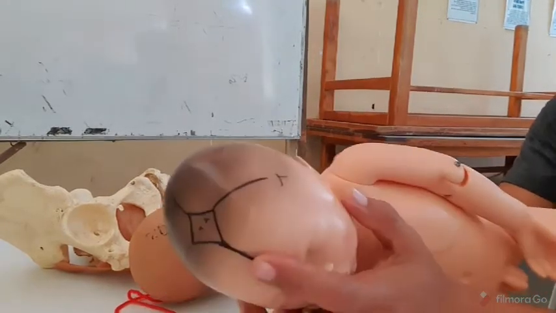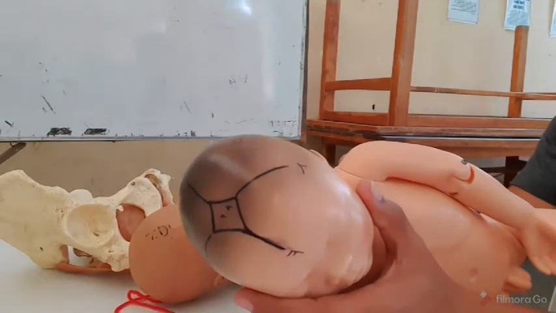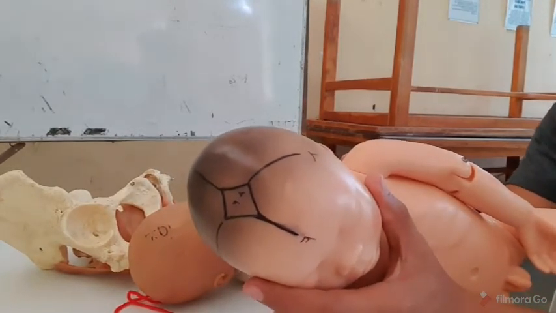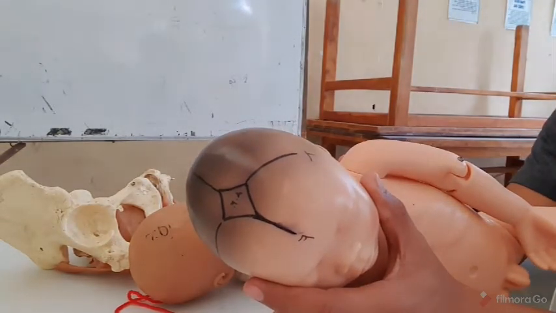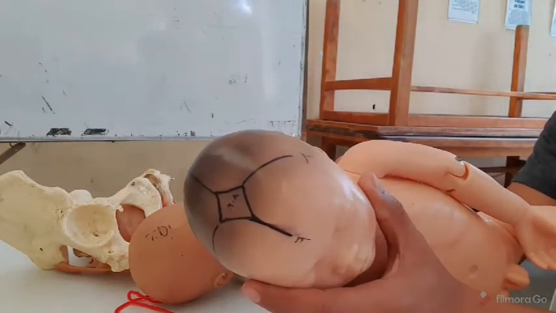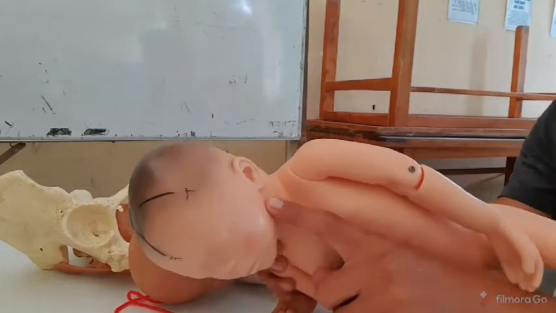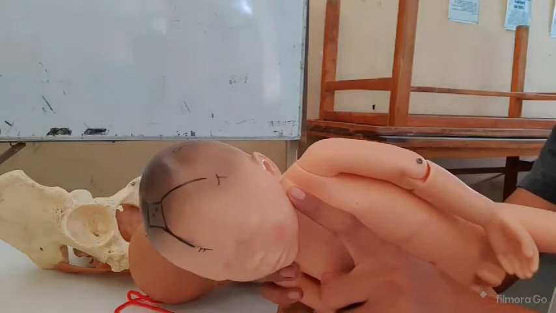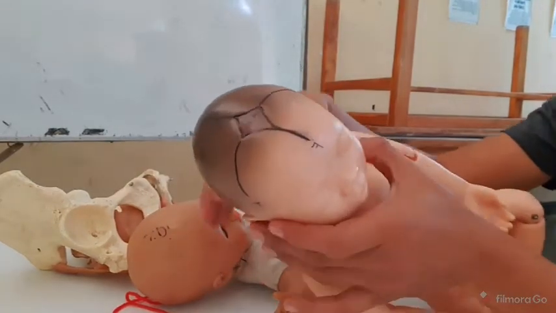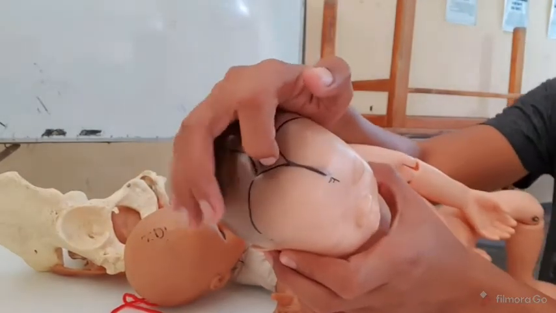Next, we also have the submentobregmatic. The submentobregmatic is the diameter measured from the point where the chin joins the neck, going into the center of the bregma, which is the anterior fontanelle.